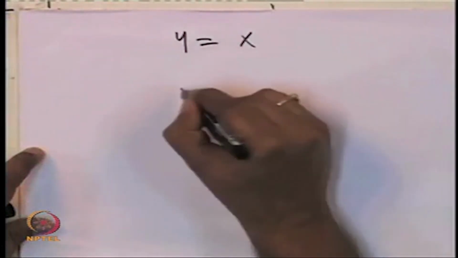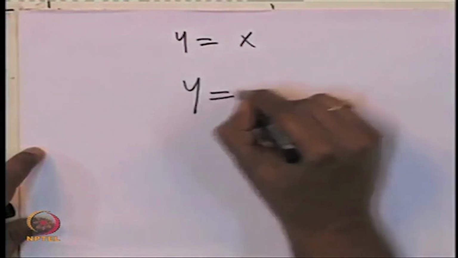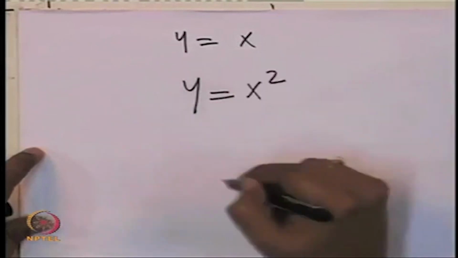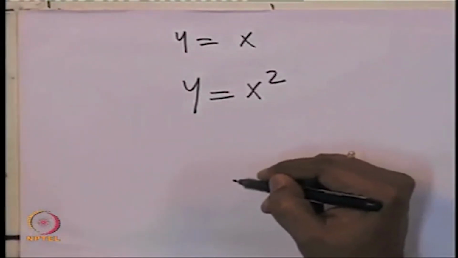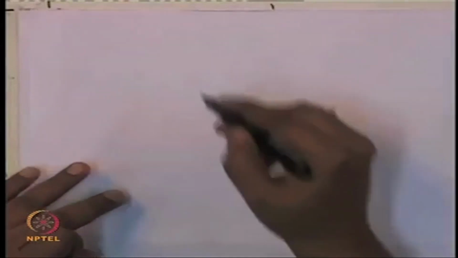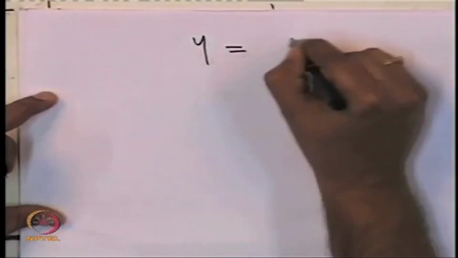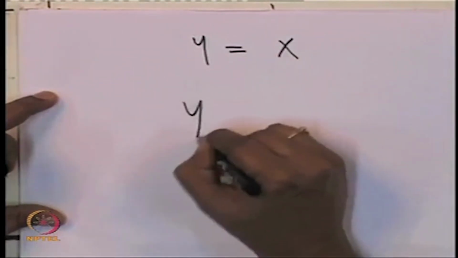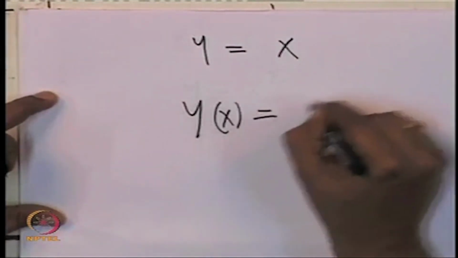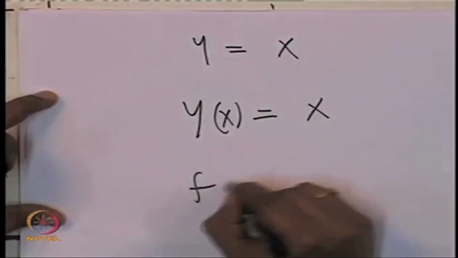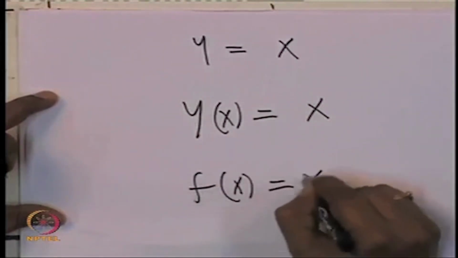Once we understand this, as we saw previously, we represent y equal to x and y equal to x square, two functions now, in different ways. We represented it as y equal to x, y of x equal to x, and f of x equal to x.